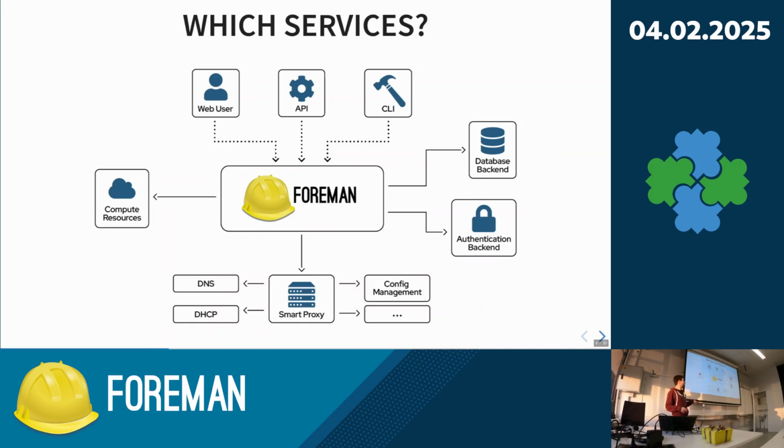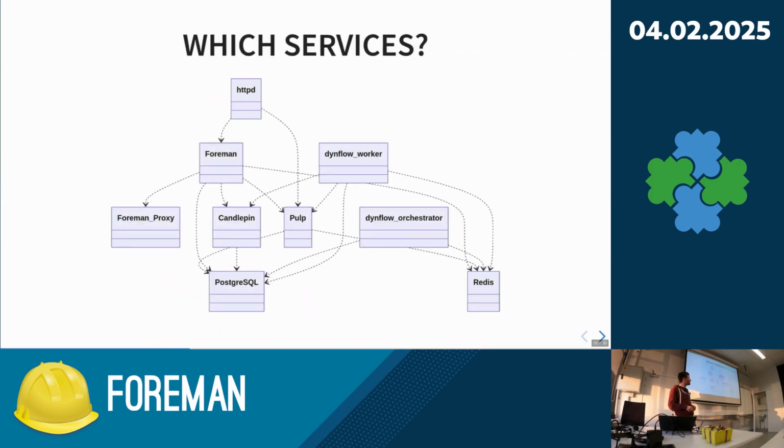So let's zoom in into that yellow part, and you'll see that I'm not capable of doing such nice graphics as Dirk. So this is uglier. And there are a lot of arrows here because all the services are kind of interconnected. And yes, this is more than Foreman core because I need to earn money, and I earn money by Satellite, and Satellite is Katello, right?